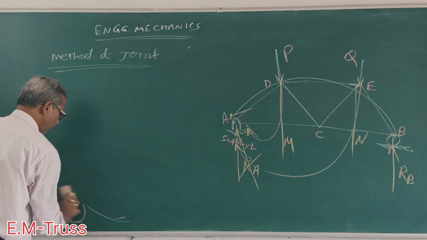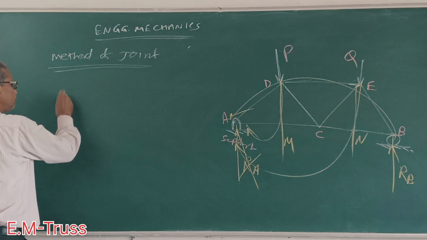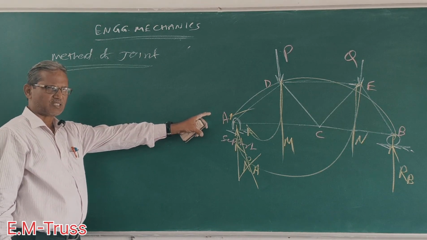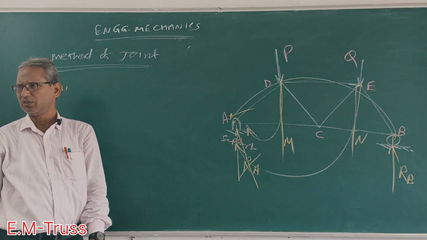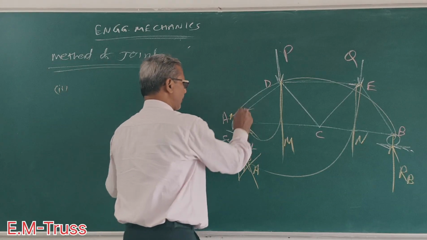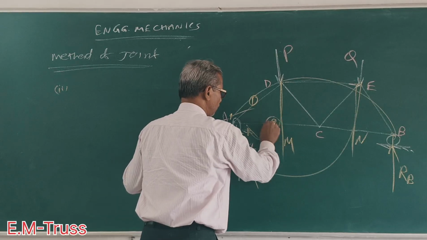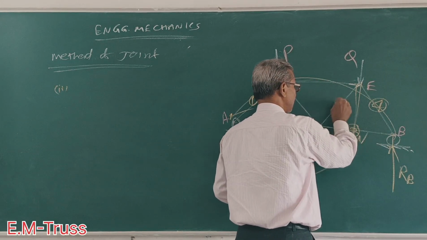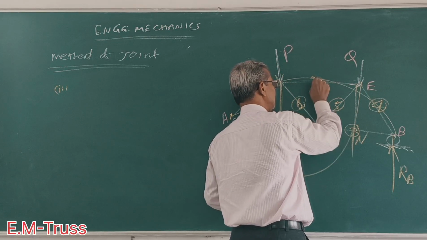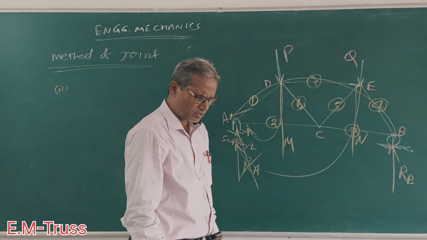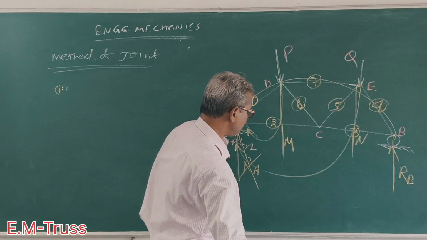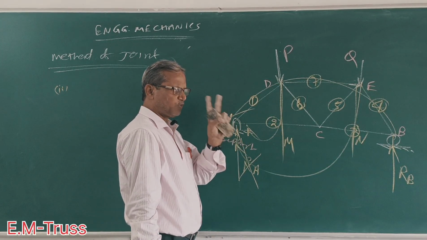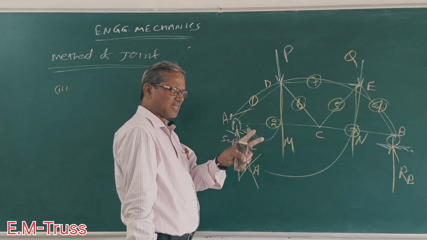Number 2, mark the direction of forces in each member. Suppose this is member 1, this is member 2, member 3, member 4, 5, 6, 7. 7 members. The procedure is to mark the force direction in each member.